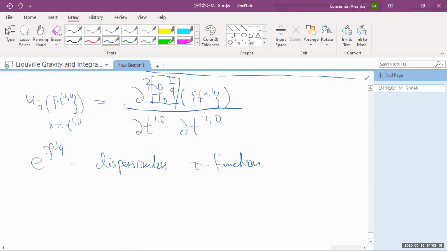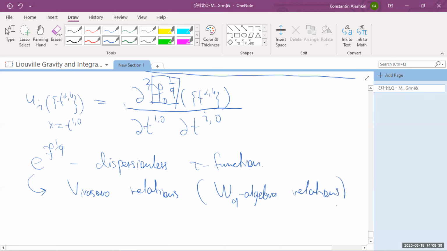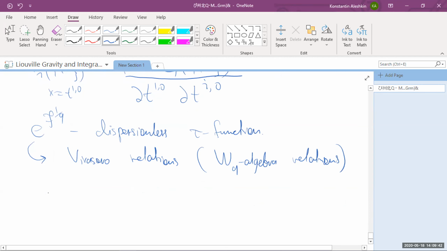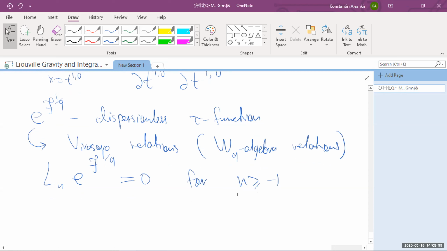So this satisfies lots of relations. In particular, it satisfies the so-called Virasoro relations. And even more, in this case, it satisfies W-q algebra relations. Virasoro relations look like this: Ln of exponent of F1 over q is equal to 0 for n greater or equal than -1.